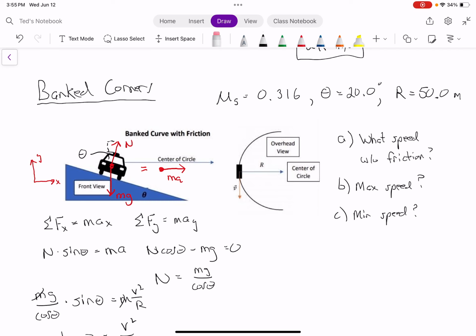so now let's redo the problem for part B. So part B says, what's the maximum speed?